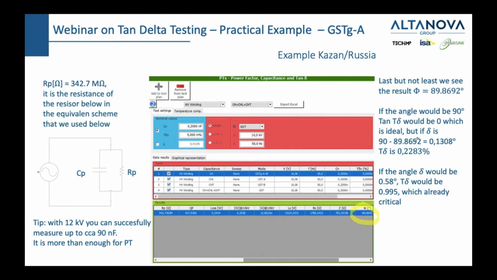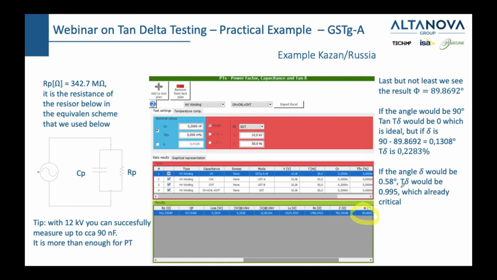And this gives us the tan delta of 0.2283%. Let me just tell you that if your phi would be smaller than 89.42, you would have a tan delta bigger than 1. This just goes to prove how small that angle is allowed to be.